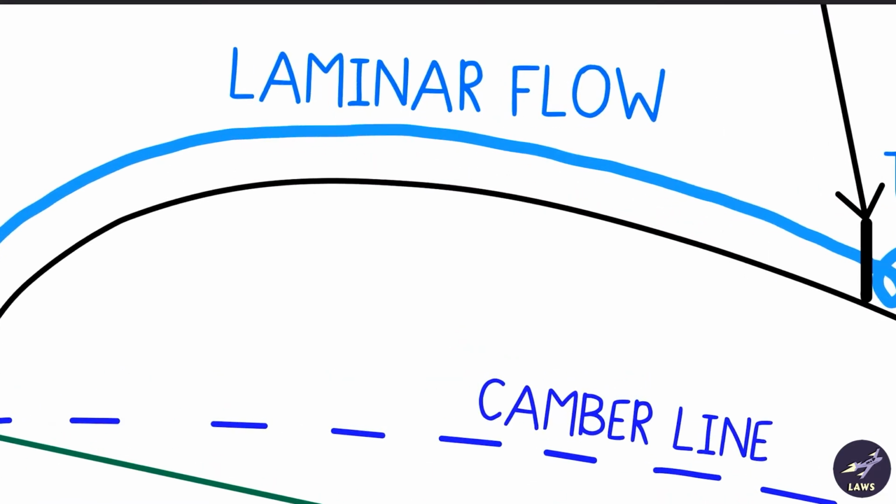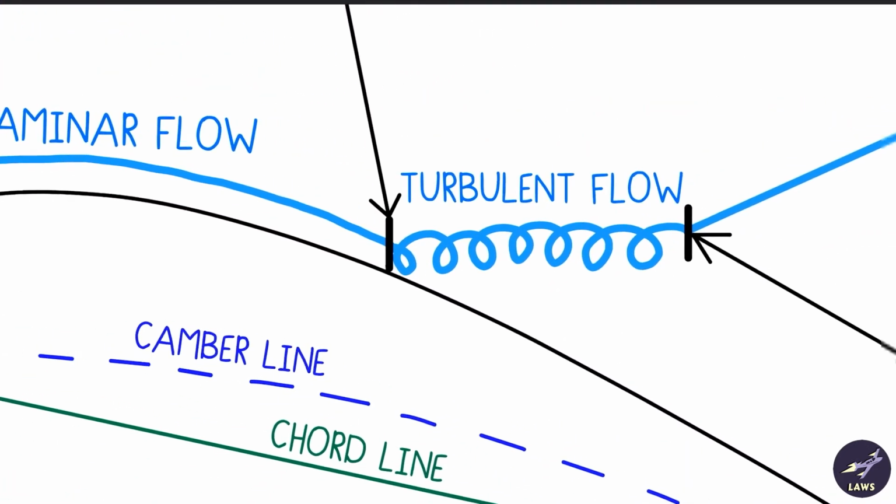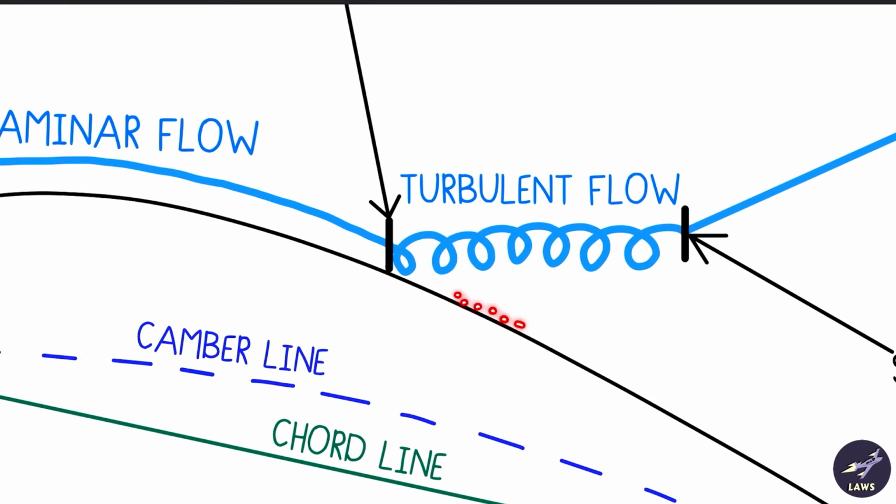And just at the aerofoil surface, the speed is very less. Okay, due to friction the speed decreases, and at a certain point there is no energy left within the airflow and it separates from the aerofoil.